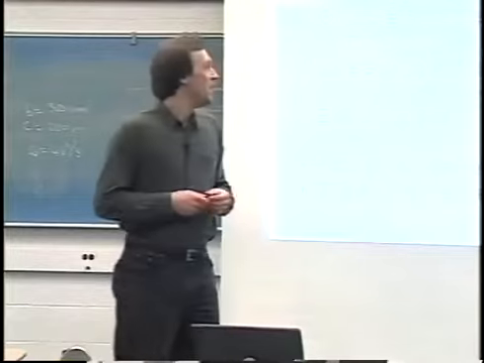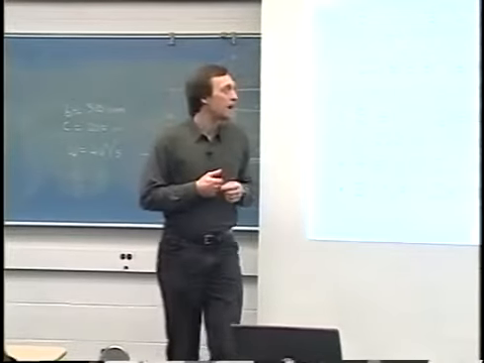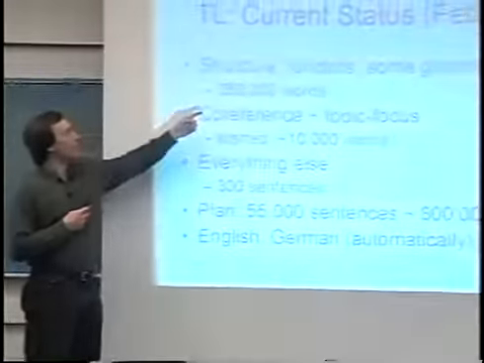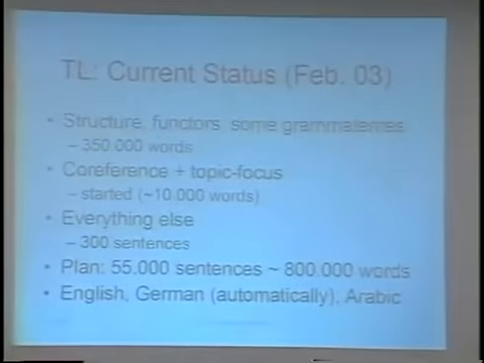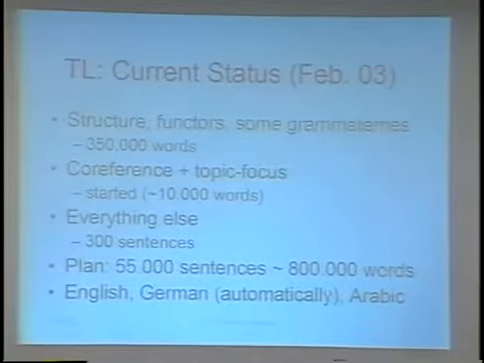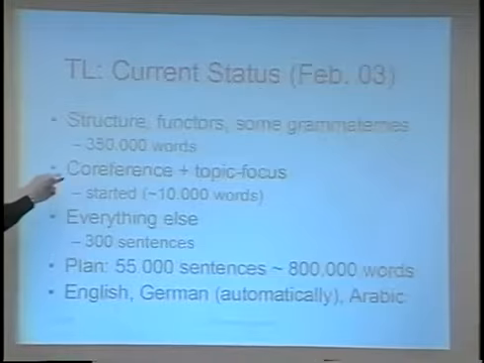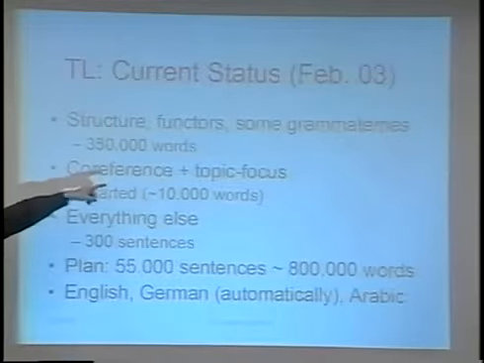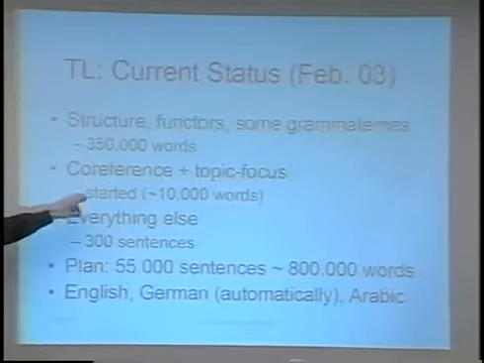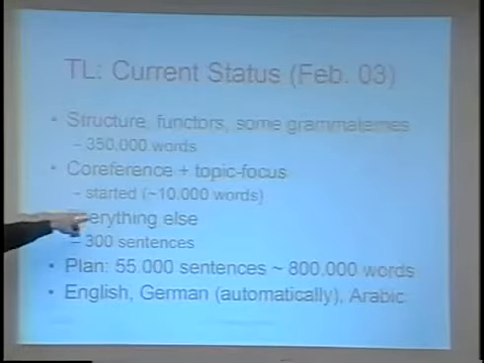We'll see. So the current status of things is the following. We have about 400,000 words annotated at the tectogrammatical layer I just talked about. We are working on coreference and topic focus, and that's been started, so we have about 10,000 words.